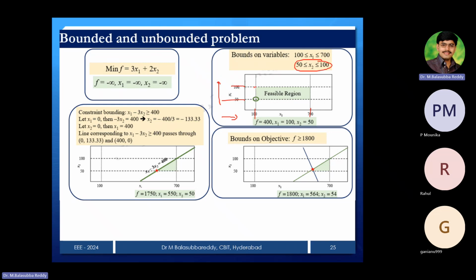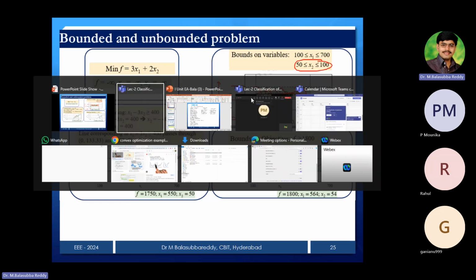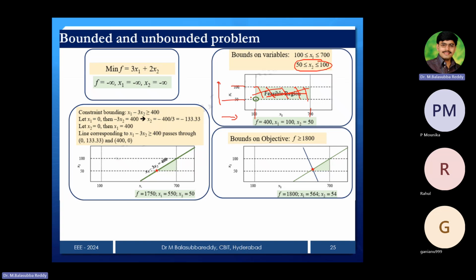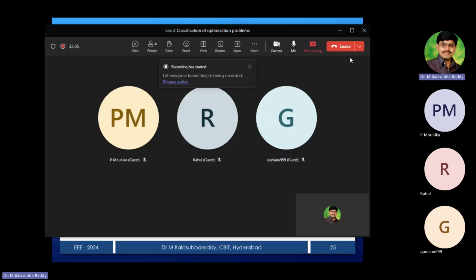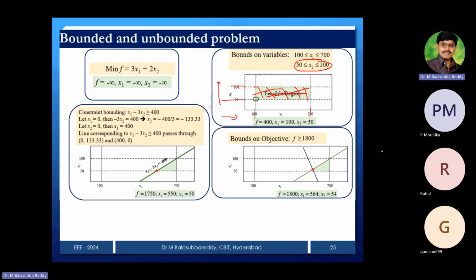So in between this region, I can say it is the feasible region. Now whatever x1 and x2 we get while minimizing, those values must be within the limit, then only we can say it is a feasible solution. Otherwise, we cannot take that solution into account.